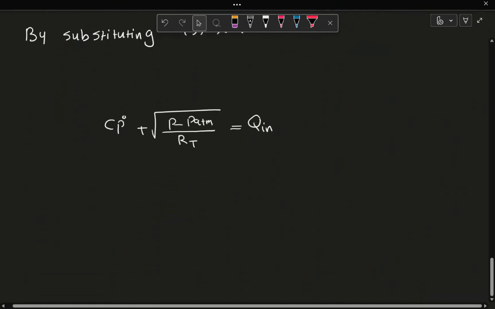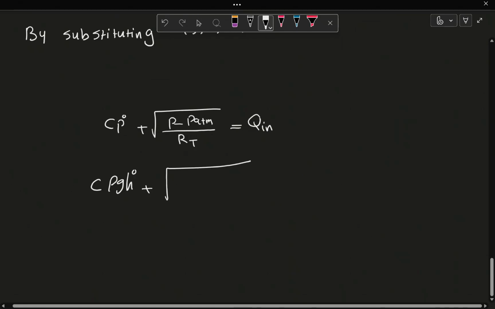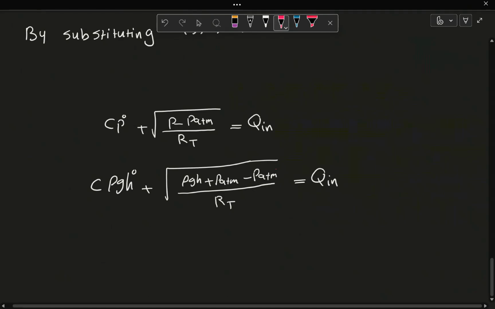So it's going to be C rho GH dot plus the square root of rho GH plus P atmosphere minus P atmosphere, divided by RT. It's going to be Qn. Now look at this. P atmosphere with P atmosphere will go away.